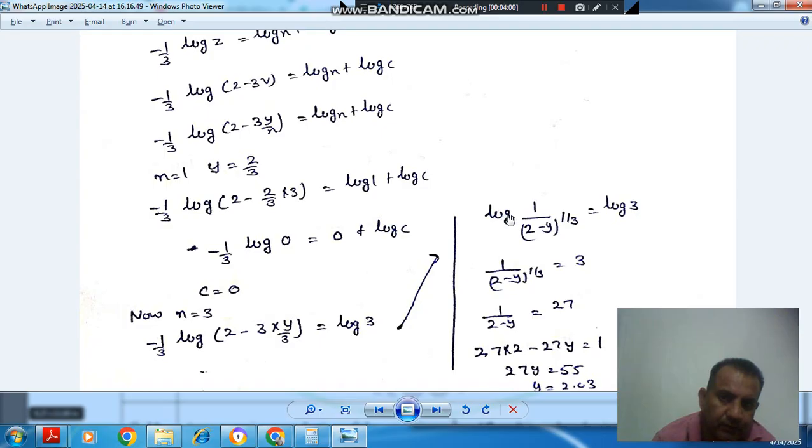And this will be log of 1/(2 - y) raised to power 1/3, equal to log 3. The minus will bring this in the denominator, and 1/3 will come as power, so 1 raised to power 1/3 is 1, so here it will be (2 - y) raised to power 1/3, and it is equal to log 3. If we eliminate log on both sides, then it will be 1/(2 - y) raised to power 1/3 is equal to 3.